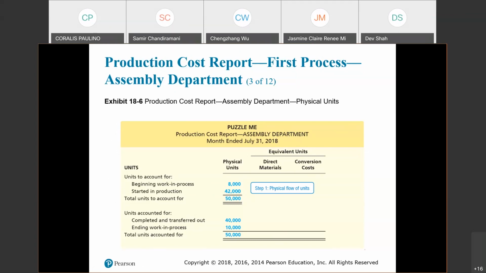Since direct materials were added at the beginning of the process, we could consider it as 100% completed.